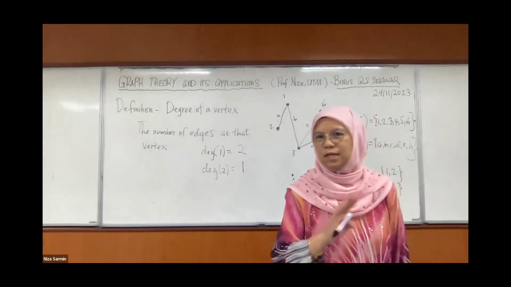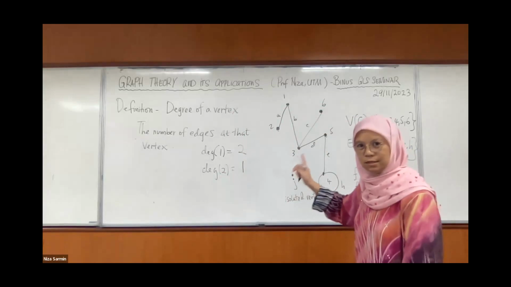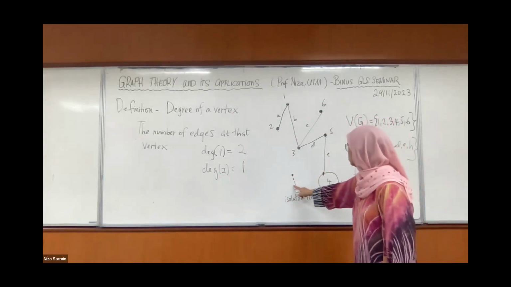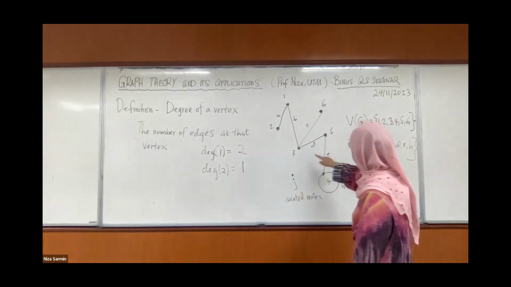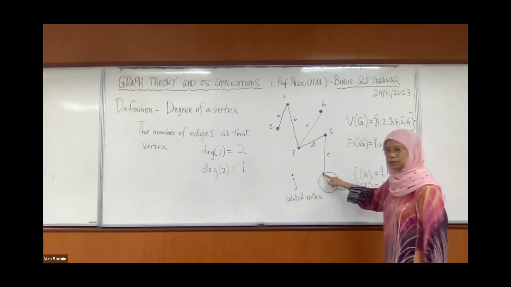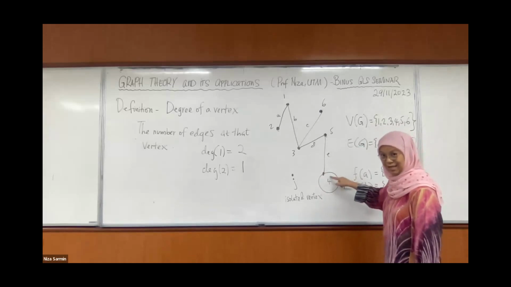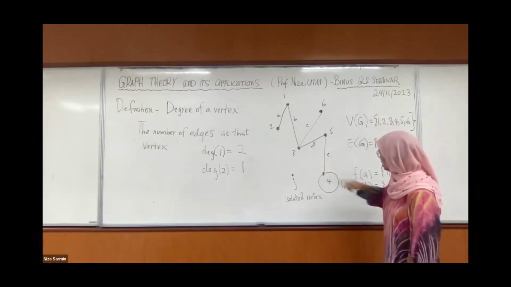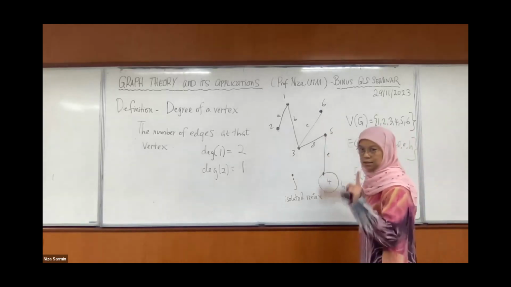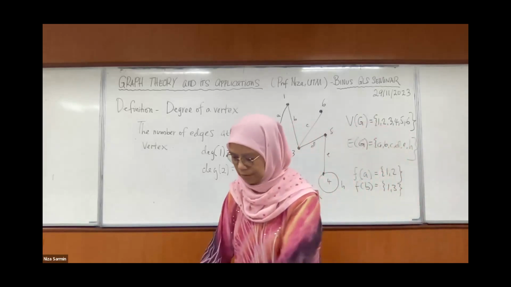Isolated vertex means there is no edge, and the degree is 0. So the degree of 3 is 3. The degree of 4 is 2, right? Here, here, and here. The degree of 5 is 2. The degree of 6 is 1.